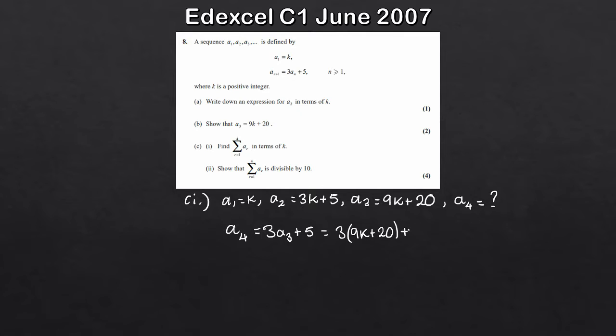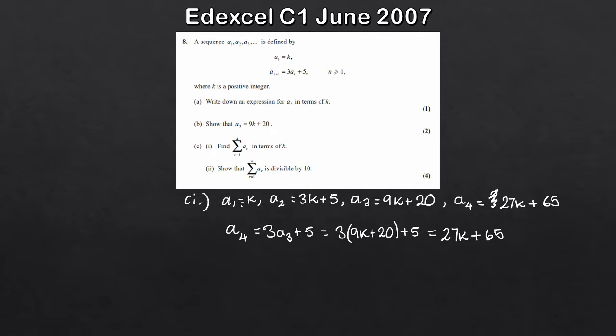And then add another 5 on, and this will be our A4 here. So if we simplify this, that's 27k there, plus 60, and then add an extra 5, so we get plus 65. Okay, so that's A4 there. So in that case, we know A4 then is 27k plus 65.